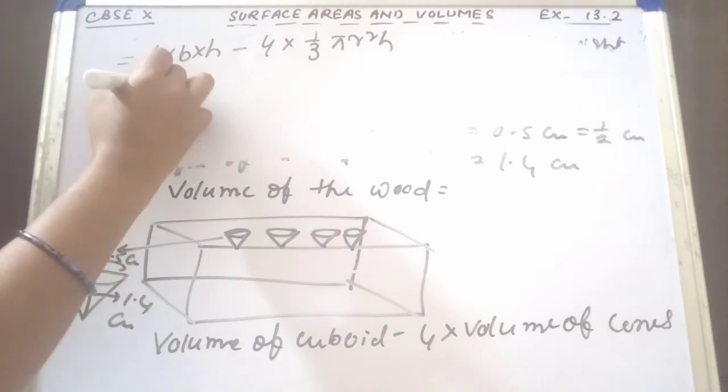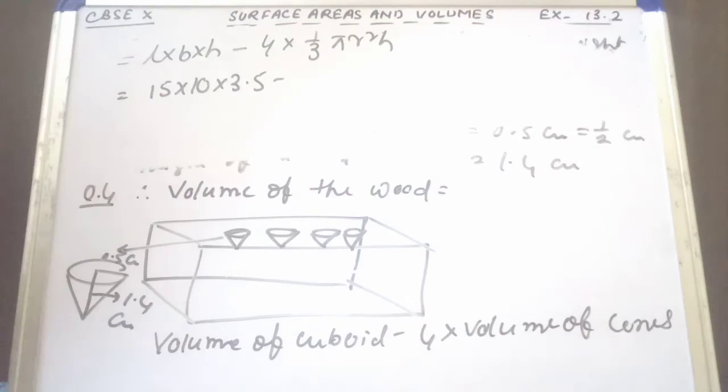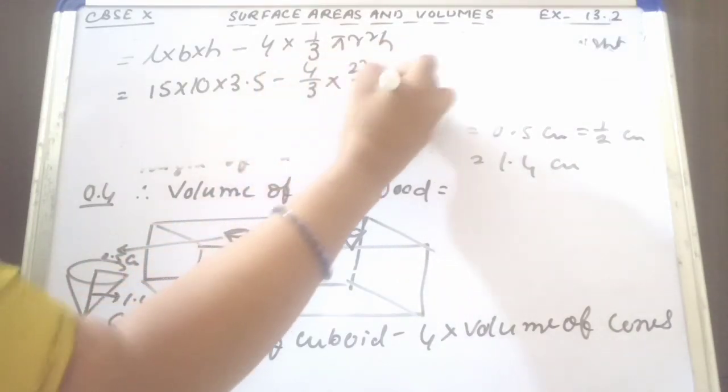L means 15, 10 into 3.5 minus 4 by 3, 22 by 7.